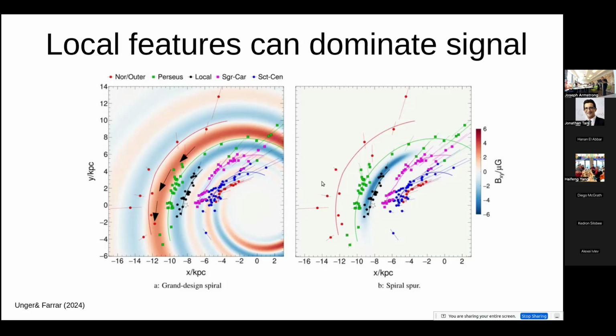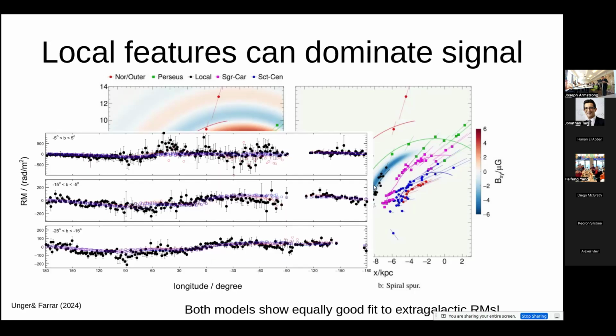On the right, what they're doing is they're setting the magnetic field in their model everywhere to 0, except for the local spiral arm. And they say, okay, we have these two different models, one that's just a local feature, one that has global features. What do they look like when you look at the Faraday rotation that they predict? It turns out that they look pretty similar.